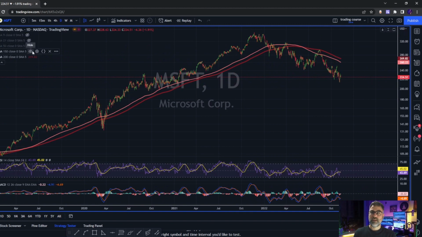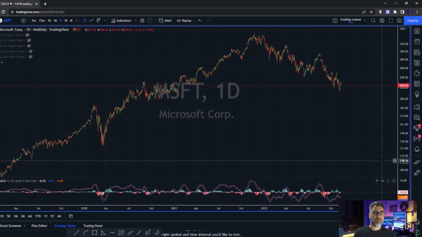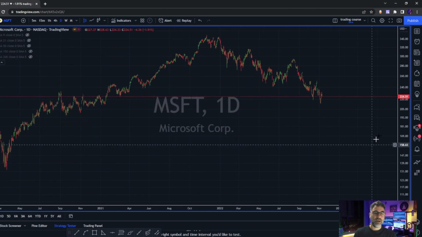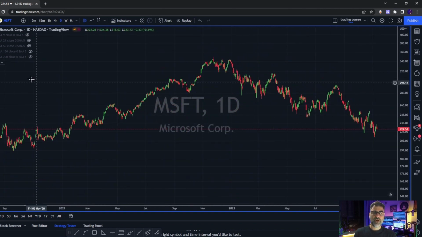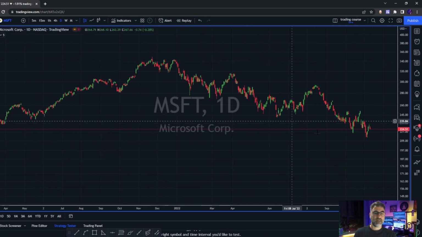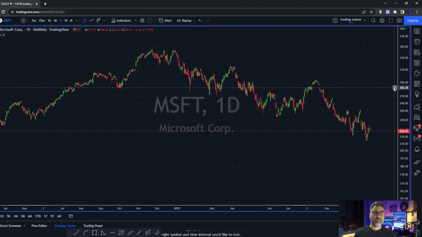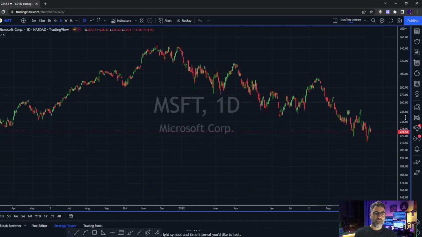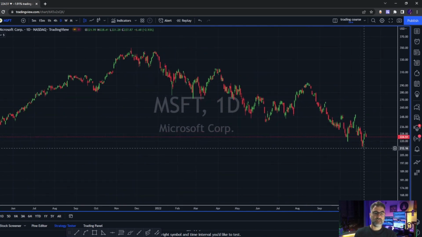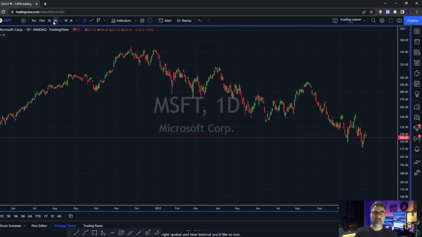We just eliminate all indicators, we clean the chart, and now we have simply price action. Candlestick is pure price action because candlesticks are buyers versus sellers. This is what gives us the final price every day, every minute, every month.